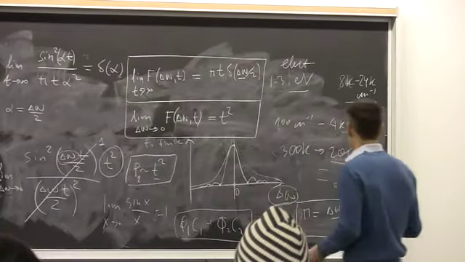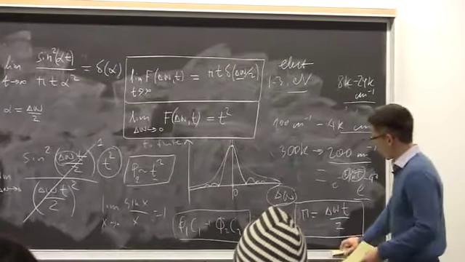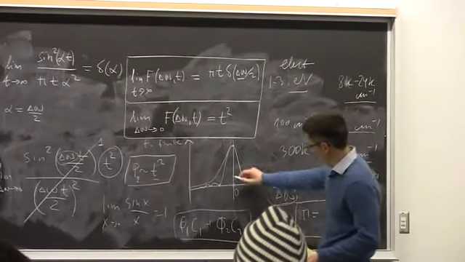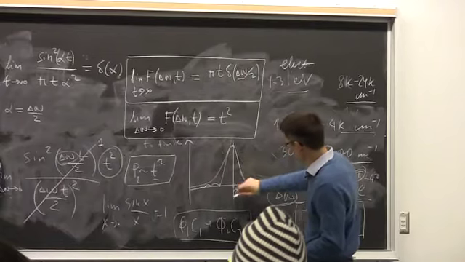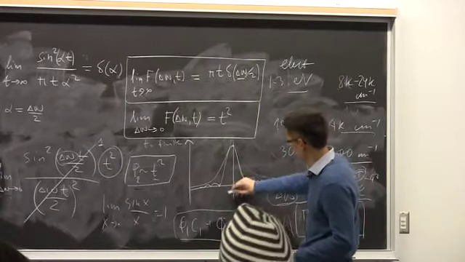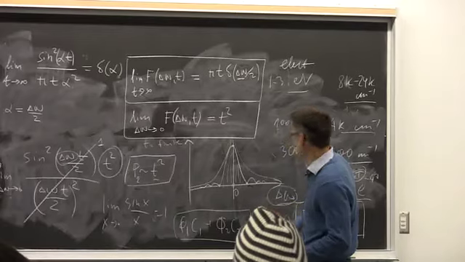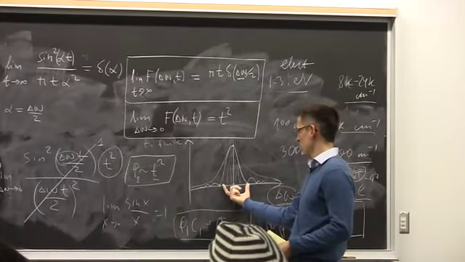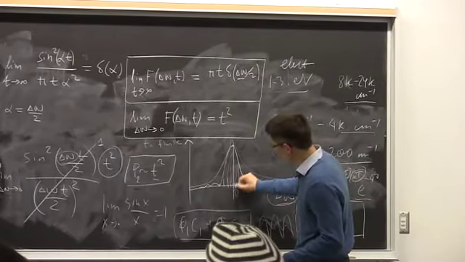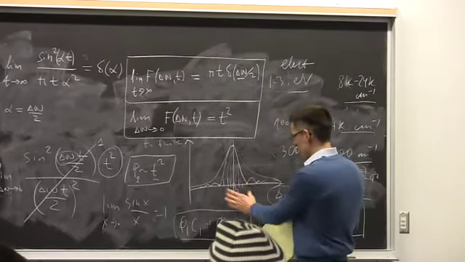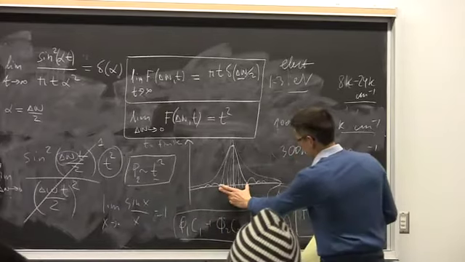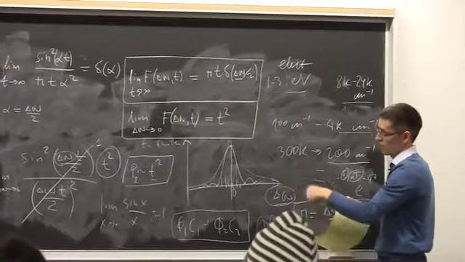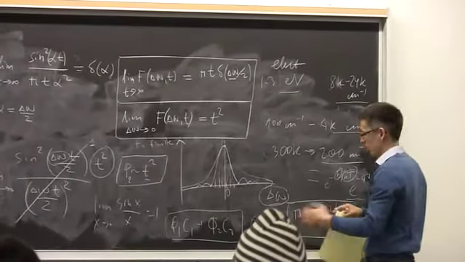Now, how to understand this? If we go back to this picture and assume that this is the sinusoidal plot, the maximum of population will be transferred to levels that are within the delta omega that is before the first zeros of the sine squared function.